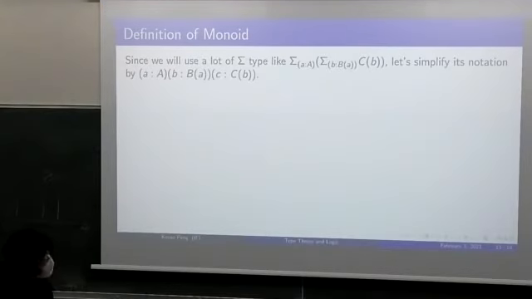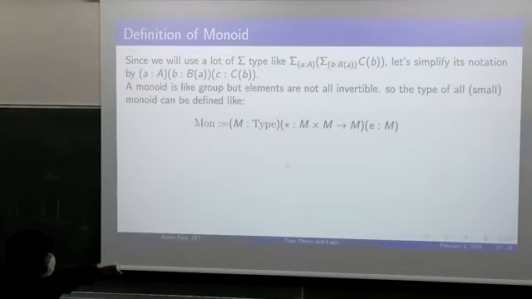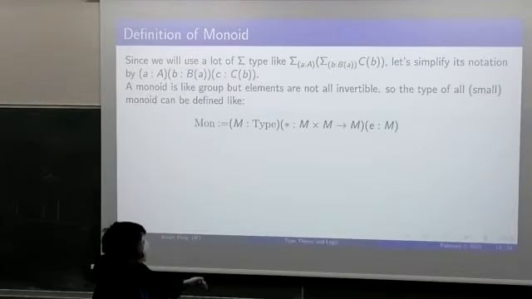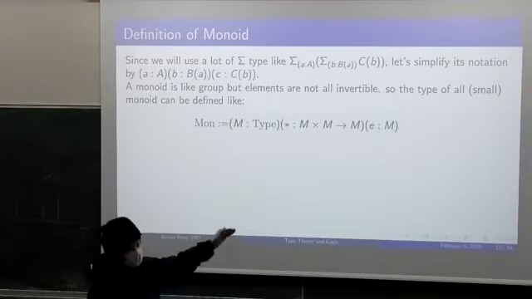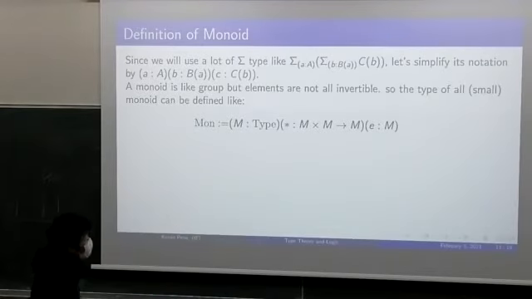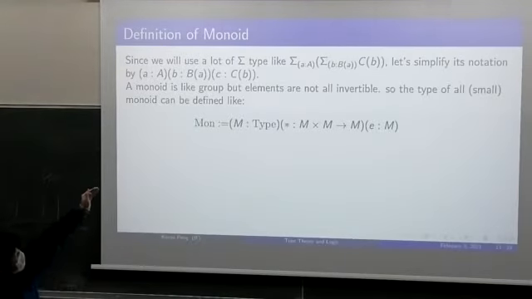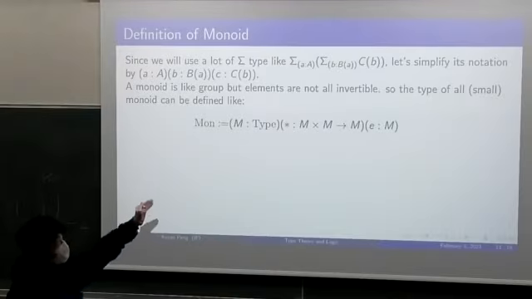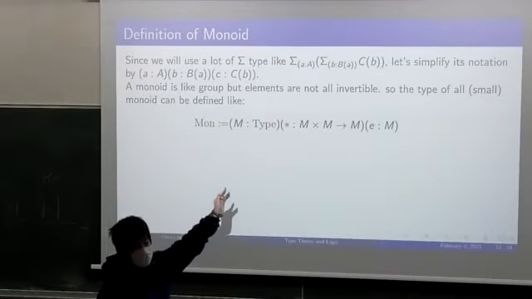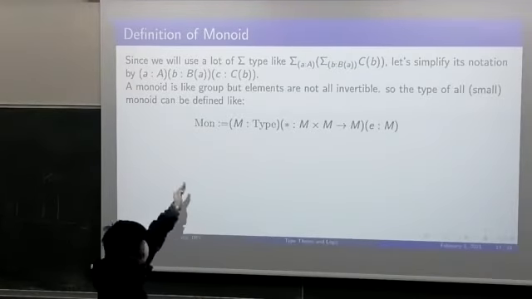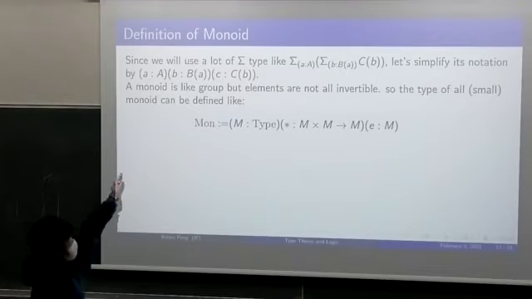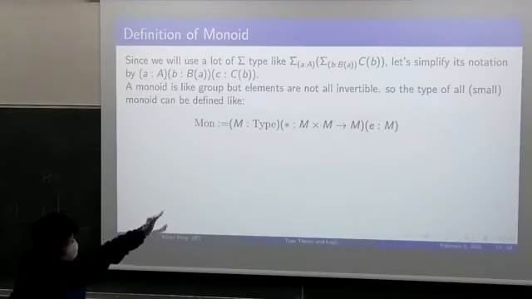A monad is a group without invertibility; not all elements are invertible. It's similar to a group. But here I will use a convention: since we will use a lot of sigma types, we will just omit the sigma from now on.